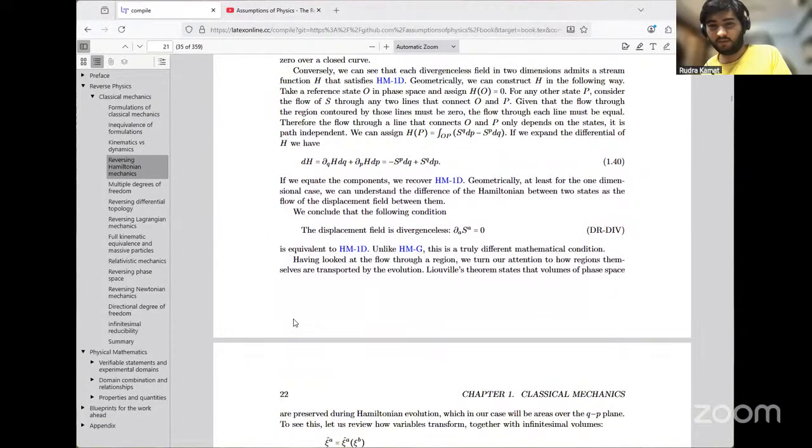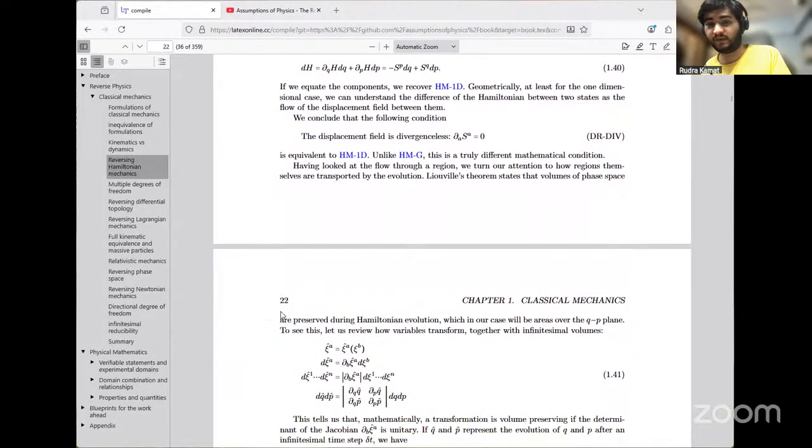We conclude that the following condition, the displacement field is divergenceless, partial A SA equals 0, is equivalent to Hamilton's equations. Unlike the other condition, this is truly different. This is a truly different mathematical condition.